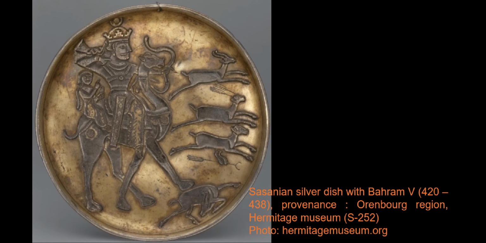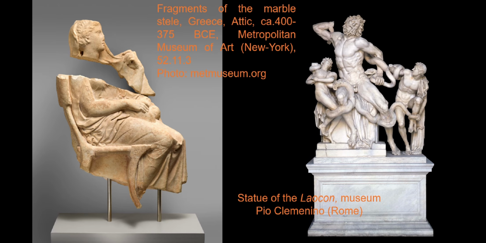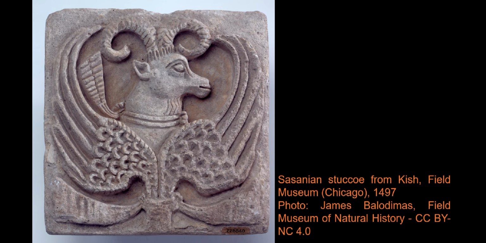But an important number of objects have reached us without their original colors. It is the case for the ancient Greek statues as well as their Roman copies in marble. In late antique Iran, we have detected traces of blue and red pigments on stucco decoration.